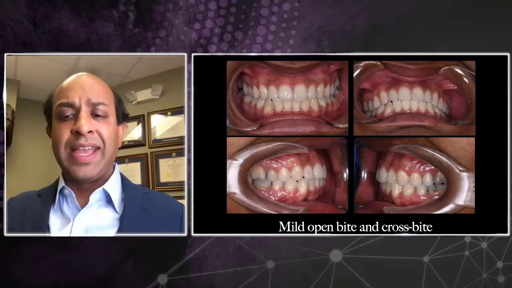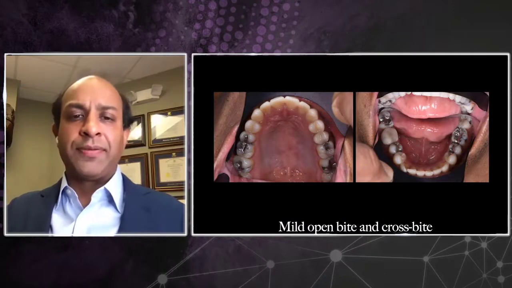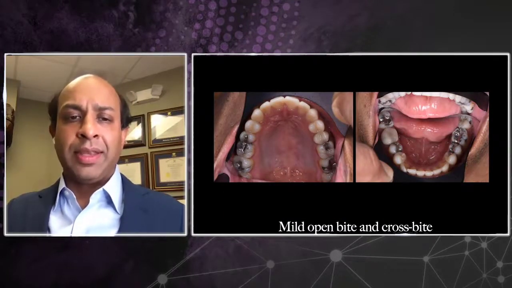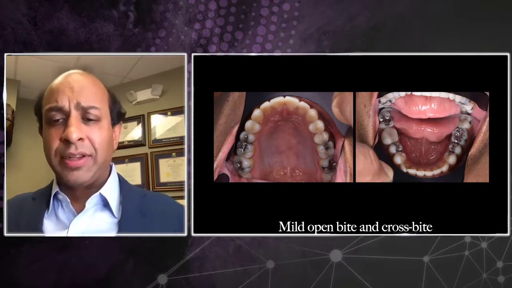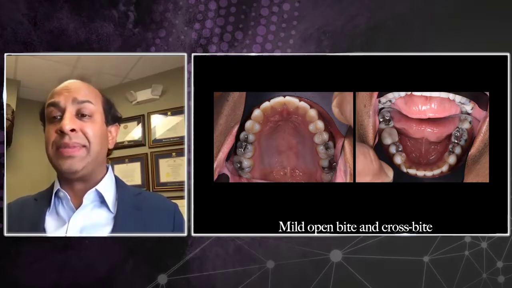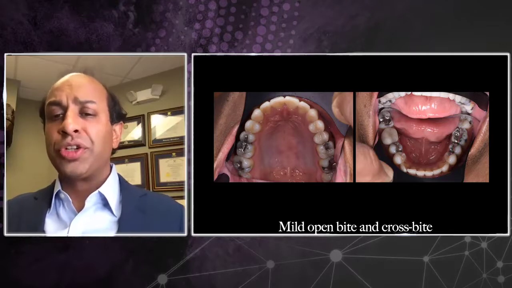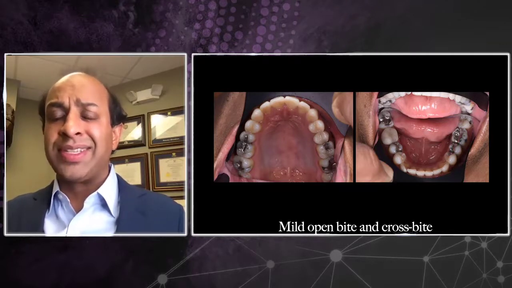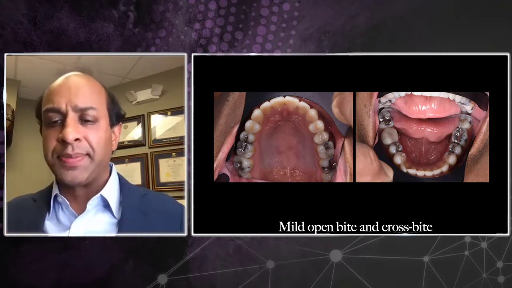This is a perfect case where we have a class 1 occlusion in the posterior to be able to help with that limited type of tooth movement. When we take a look at the upper and lower occlusals, specifically the lower occlusal, if we take a look at that lower right canine, we can see that it is mesially rotated out or facially, which is going to be contributing to the positional issue that we are seeing when looking at the anterior bite and seeing that that tooth is in crossbite.